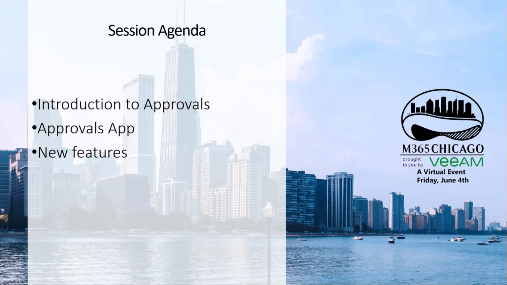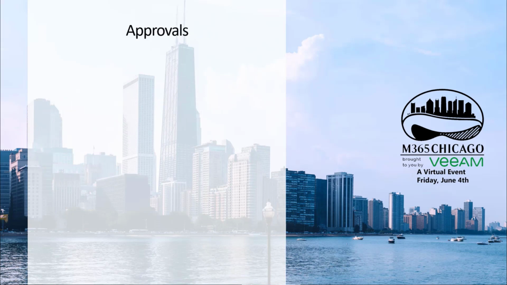Next, a few things and maybe some demo about new features, very important features coming to Teams in the next couple of months. And at the end, two advanced scenarios where you can use approvals in business processes in Teams, but very specific and more advanced than this native approvals application.